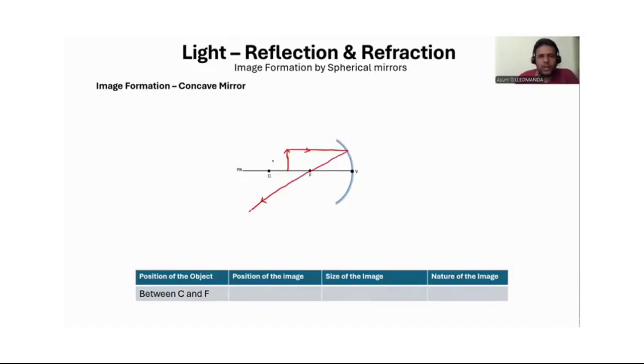One minute, guys. Okay. Now let's take another ray. So this is AB, where the incident ray is incident parallel to the principal axis, and it is reflecting through the focus. Now, let's take another ray.